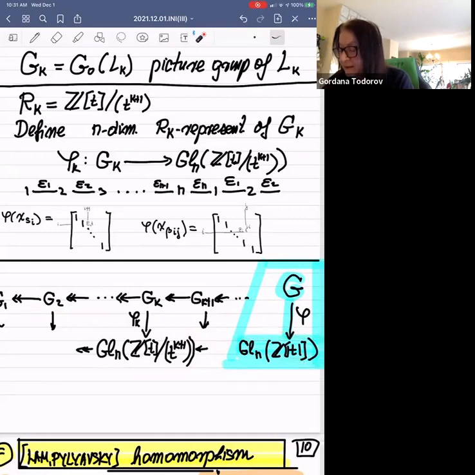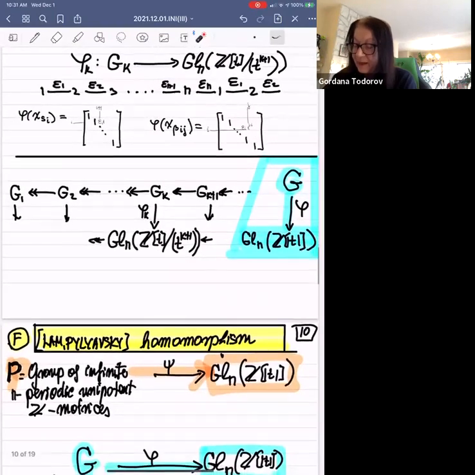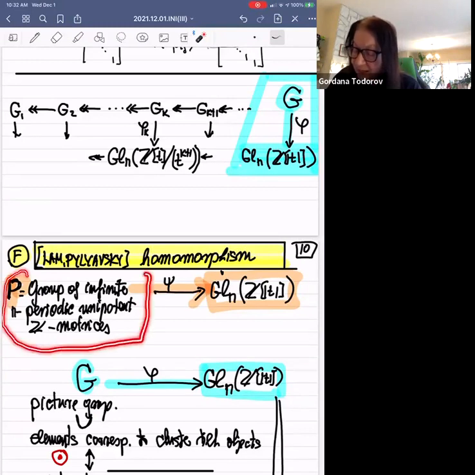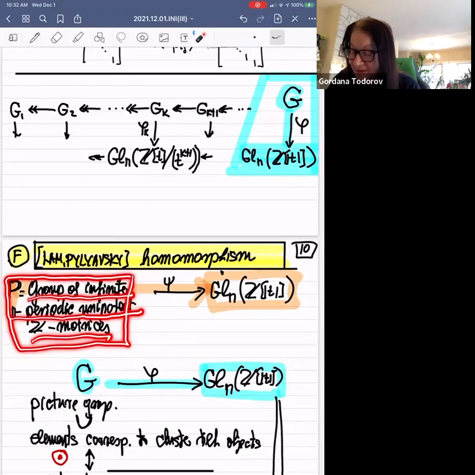Now, there was a part where we also referred to Lamp-Piliavsky, and I want to mention them again. Lamp-Piliavsky also look at GLN over Z double bracket T, and they also have a homomorphism to that group. But the group that they start with is the group of infinite periodic unipotent Z matrices.